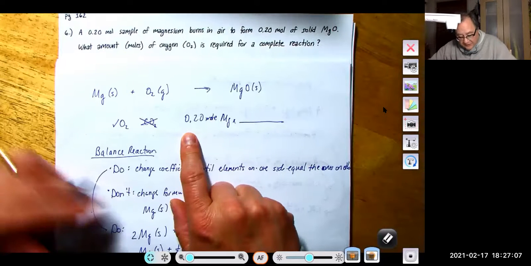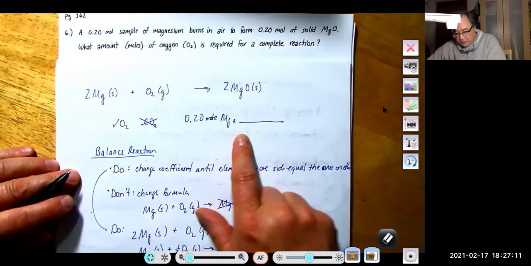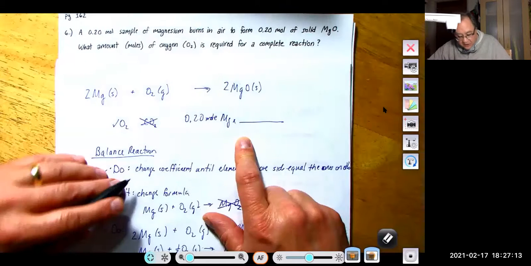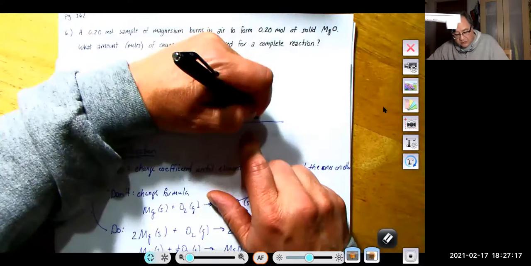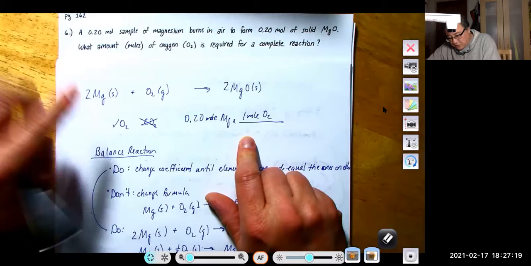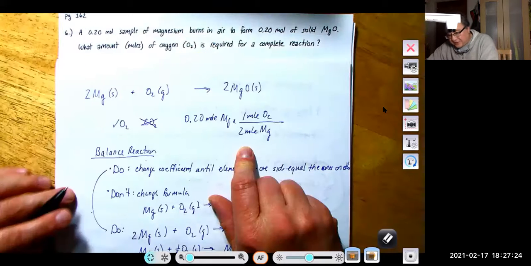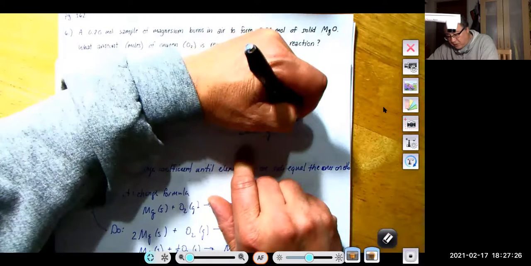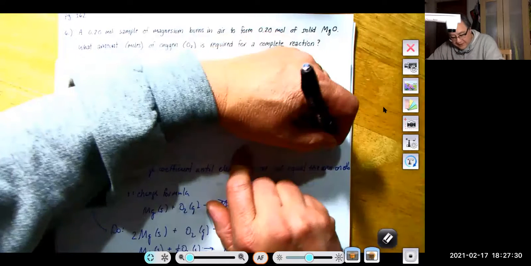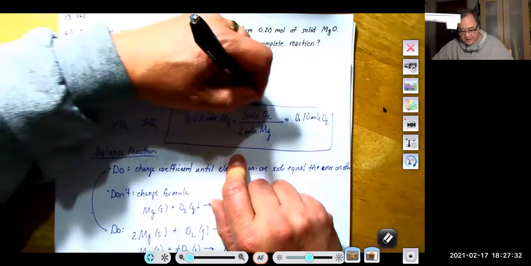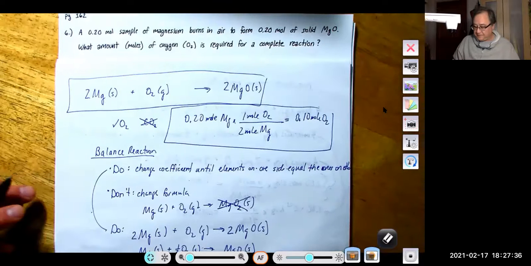And of course, we balanced this already. Now, I'm going to put moles of oxygen on top, 1 mole of O2, and moles of magnesium in the bottom, 2 moles of Mg. And we get 0.10 mole of O2. So for a problem like this, I would expect to see the balanced reaction and then this conversion right here.